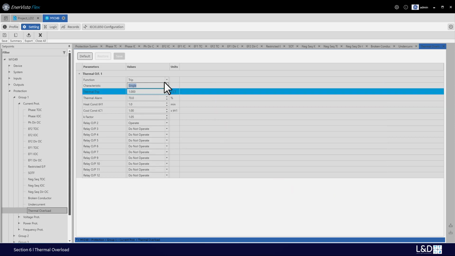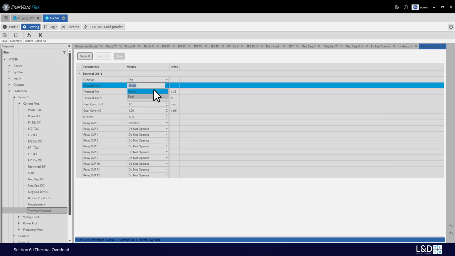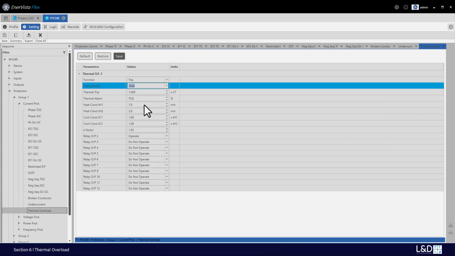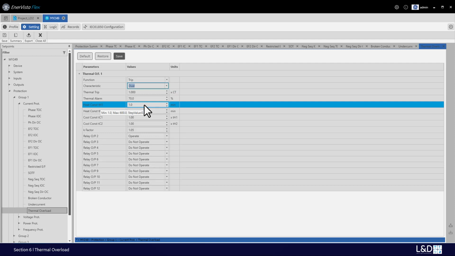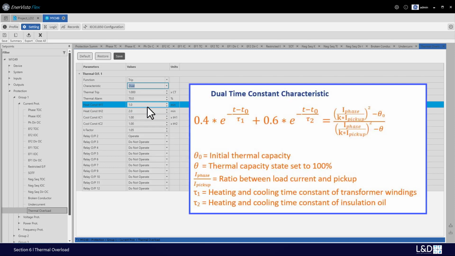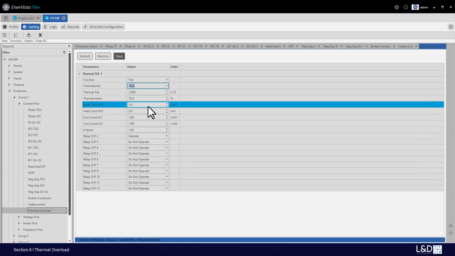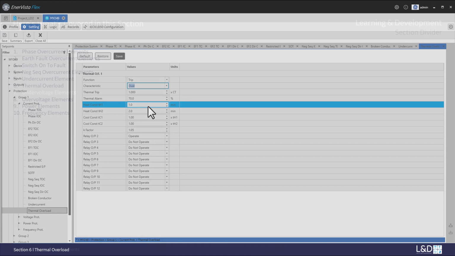When the dual characteristic is chosen, then the heating and cooling constants each have 2 settings. This characteristic is also given by the equation in the manual. So how to choose the time constant for different applications? There's detailed information in the instruction manual in the thermal overload setting guideline section.